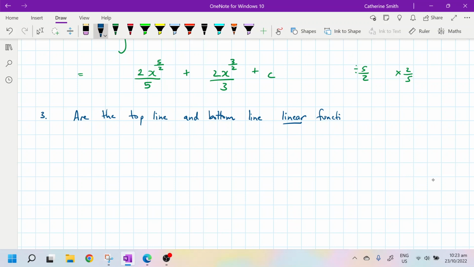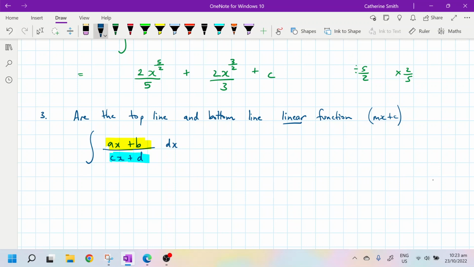So linear functions are mx plus c. So you'd have a format, you'd be integrating ax plus b divided by cx plus d. So you can see the top line here has got an mx plus c format, and the bottom line also has an mx plus c format.